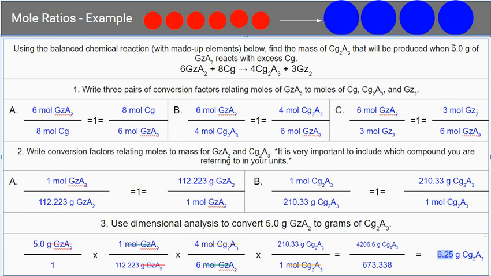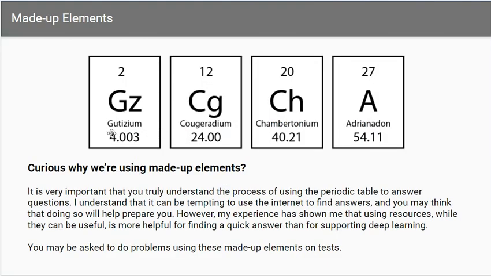It seems very reasonable that if we start with 5 grams of something and we're going from 6 to 4 moles, so it's fewer moles, but I drew them bigger. And the reason I drew them bigger is because when I look at GZ and A2, GZ has a very small molar mass, so it's not going to contribute a whole lot. A2 is 54.11 times 2, so it's going to be about 100, right? A little over 100 molar mass.